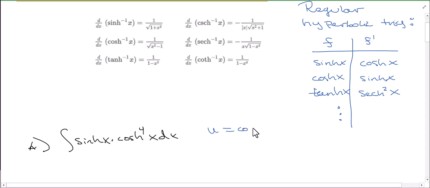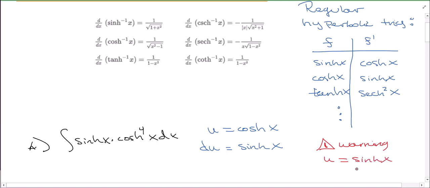So let u in this case be cosh of x, because the derivative of cosh is sinh. Remember, I don't want to have my du trapped in any sort of power. So this is my warning here. If I let u be sinh of x, my du is cosh.